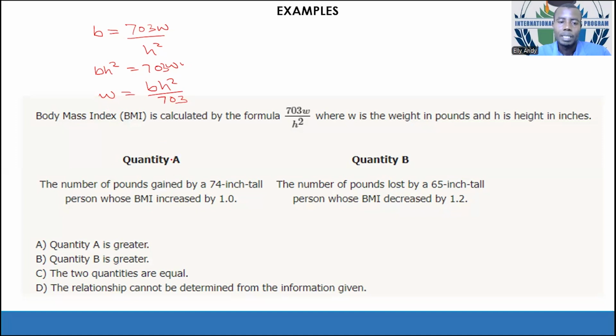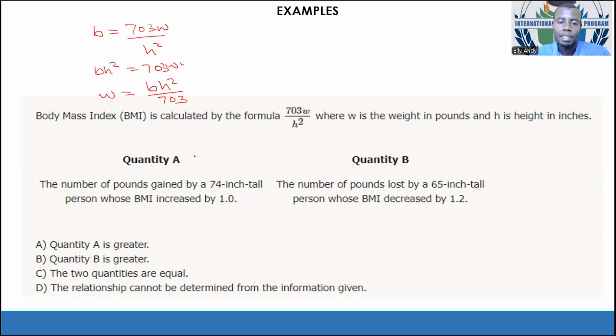Now for quantity A, we want to calculate the weight of a 74-inch tall person whose BMI increased by this. So the weight again. Here B is 1, H is 74.